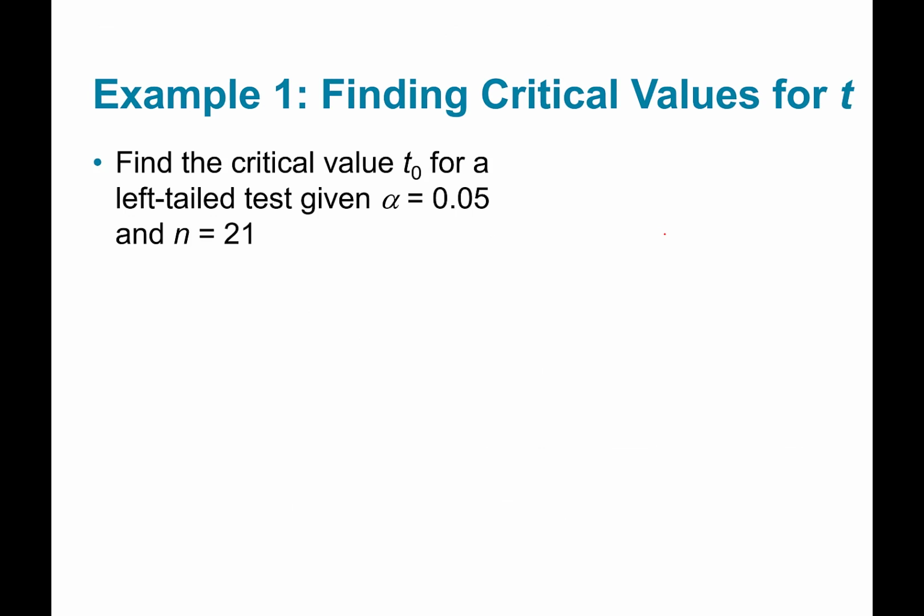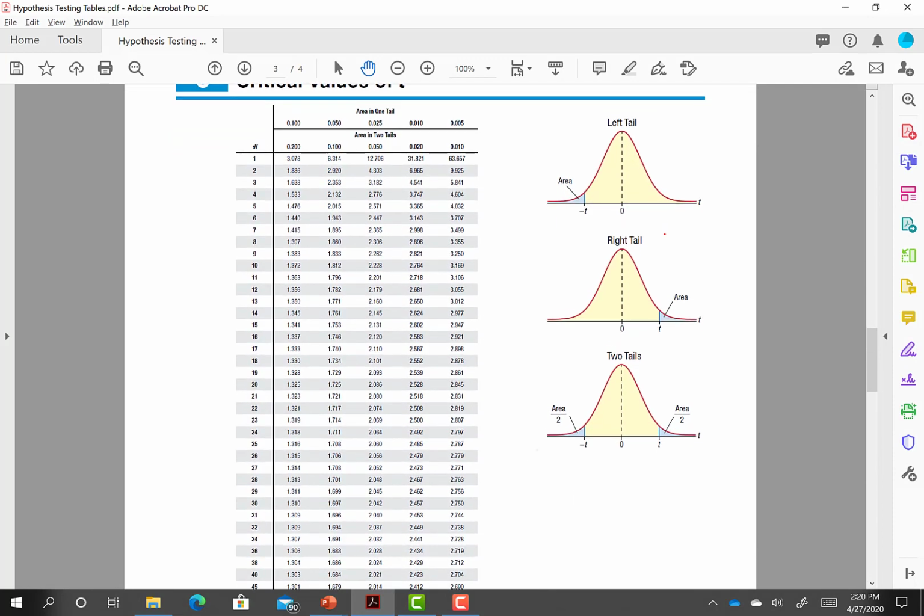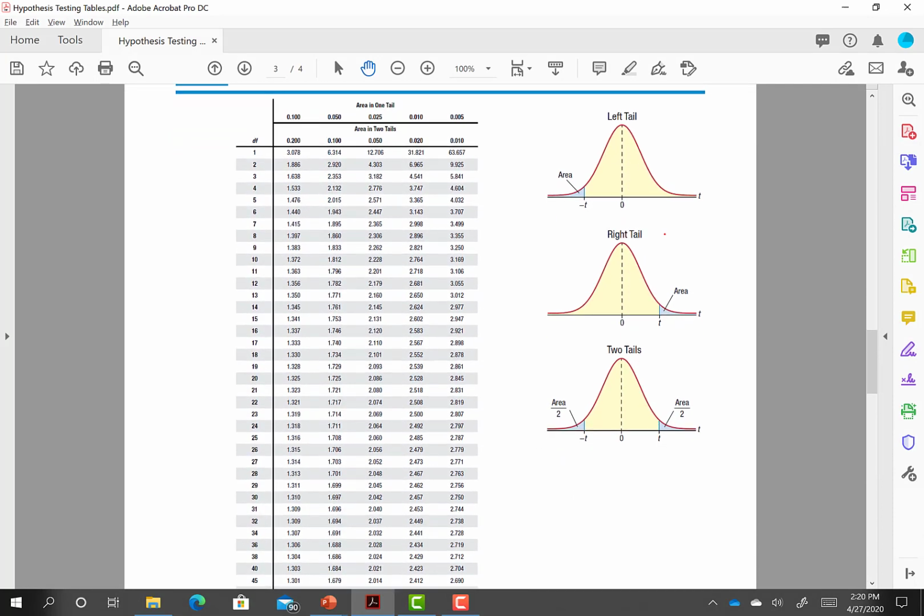So let's look at an example. Let's find our critical value t0 for a left-tailed test given alpha equals 0.05, n equals 21. So we go to that t-table. n equals 21 means our degrees of freedom is 20, so we're going to be somewhere on this row.